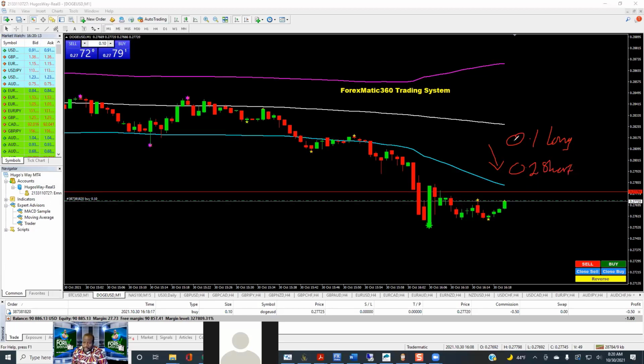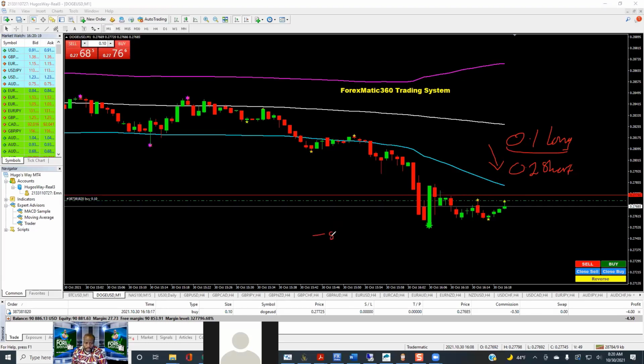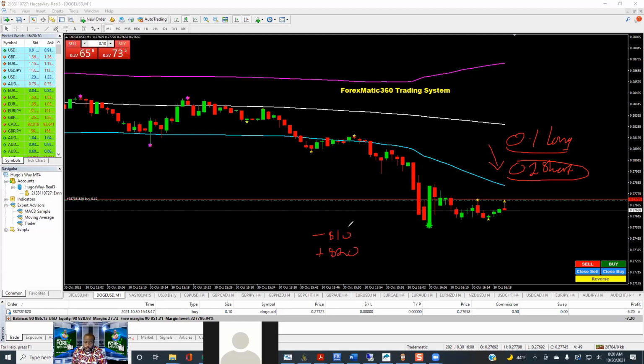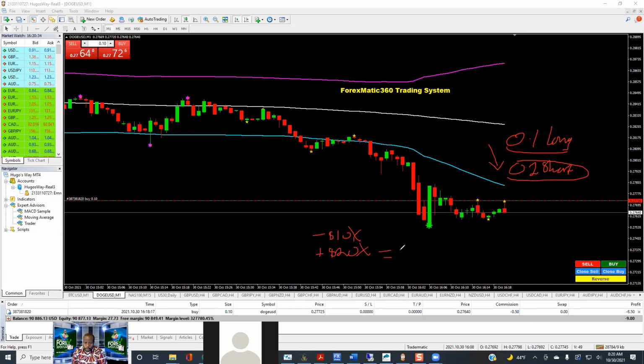By the time the 0.1 position is at minus $10, you will discover that the 0.2 you opened might be at plus $20. If you close the two trades at this time, you can still go home with $10. That is how I normally treat that.